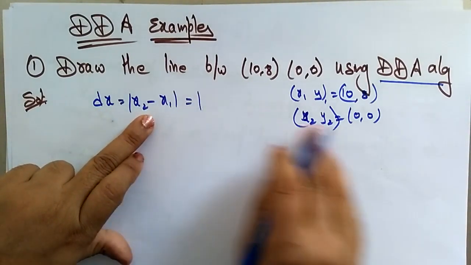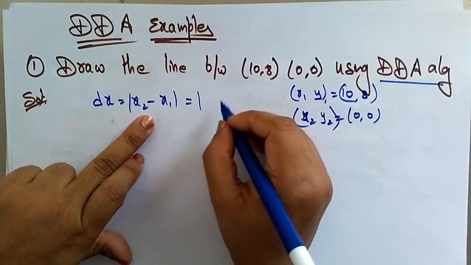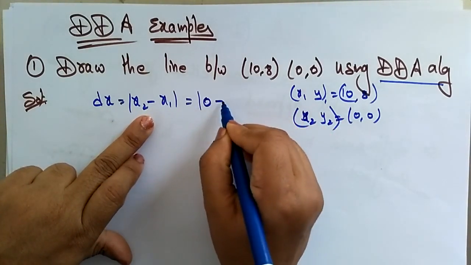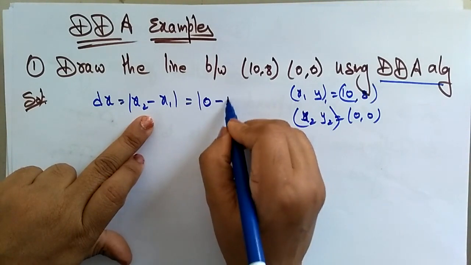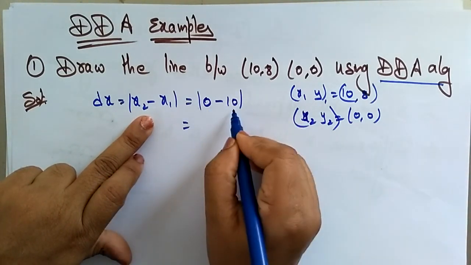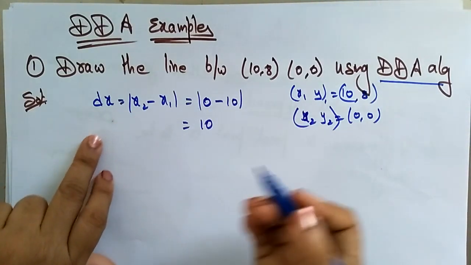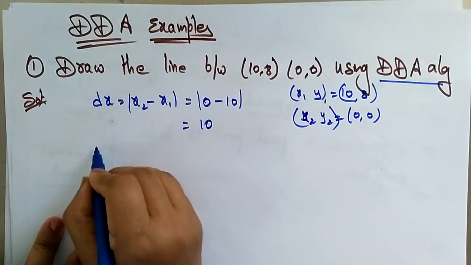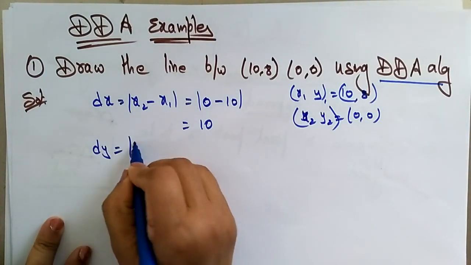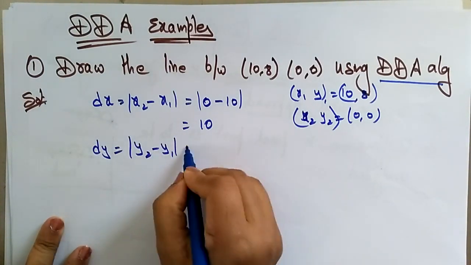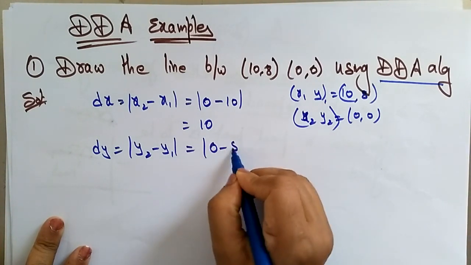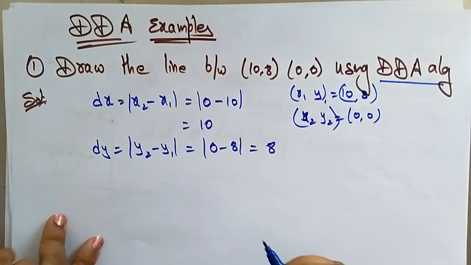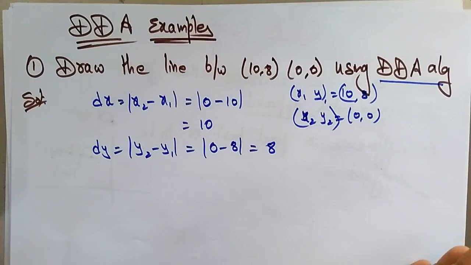The x2 value here is 0 and the x1 value is 10, so mod of minus 10 is 10. You will get the positive value if it is a modulo. dy is equal to mod of y2 minus y1, 0 minus 8, you will get 8. So you got the dx and dy values.